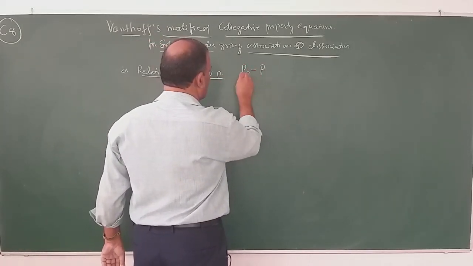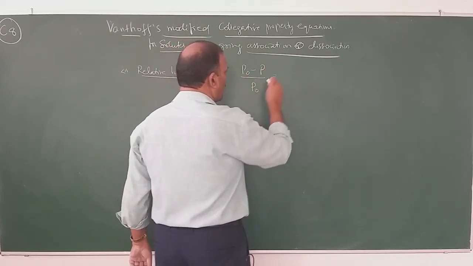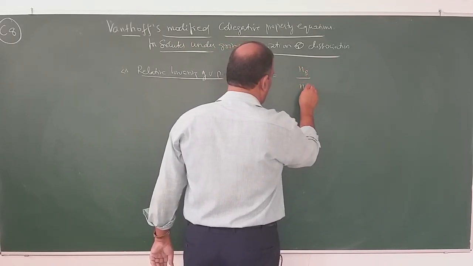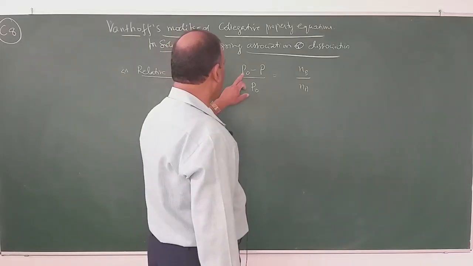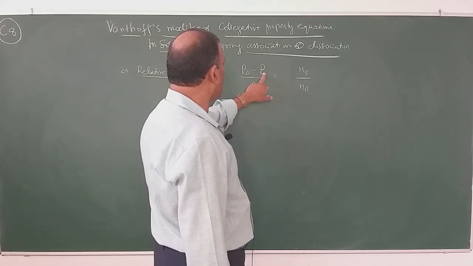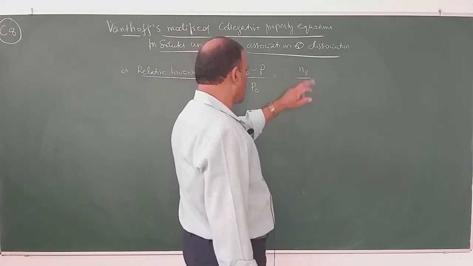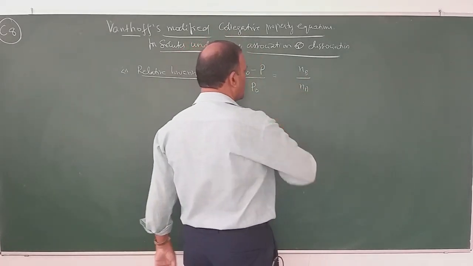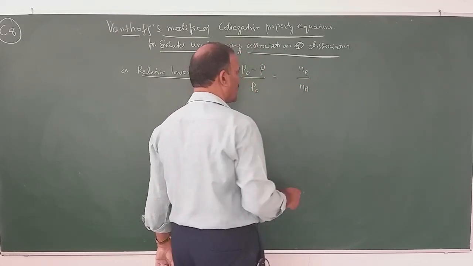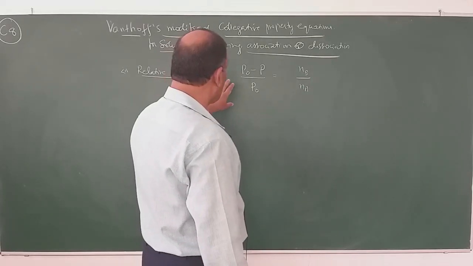P naught minus P by P naught equals NB divided by NA. So P naught is the vapor pressure of pure solvent, P is the vapor pressure of solution, NB is the number of moles of solute and NA is the number of moles of solvent. So NB divided by NA plus NB, we have neglected NB. So this is also the Raoult's law of relative lowering of vapor pressure.